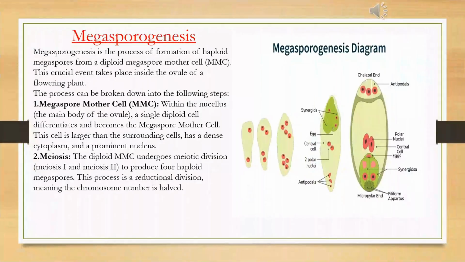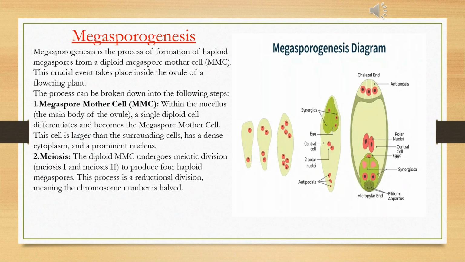Megasporogenesis. Megasporogenesis is a process of formation of haploid megaspores from a diploid megaspore mother cell. This crucial event takes place inside the ovule of a flowering plant. The process can be broken down into the following steps. The first one is megaspore mother cell.